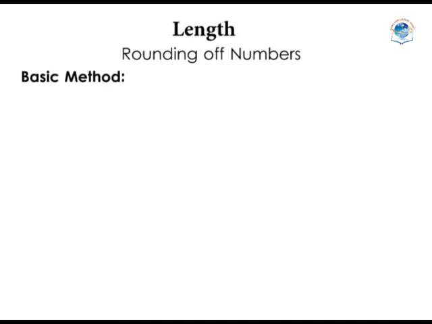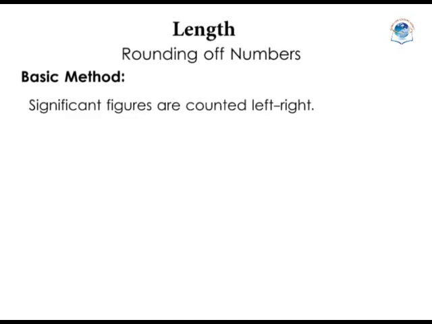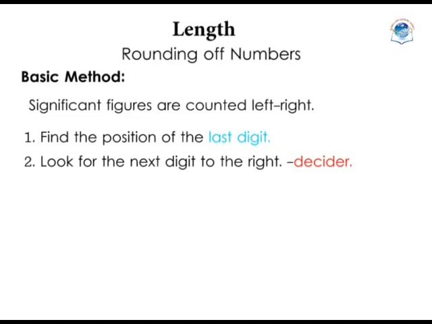Here's the basic method. First, significant figures are counted from the left to the right. We first find the position of the last digit. That's where we want the last significant figure to be. And then you look at the next digit to the right. This is called the decider.